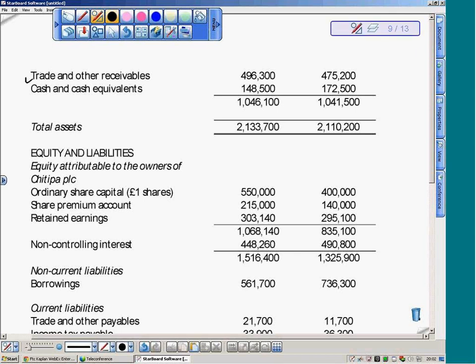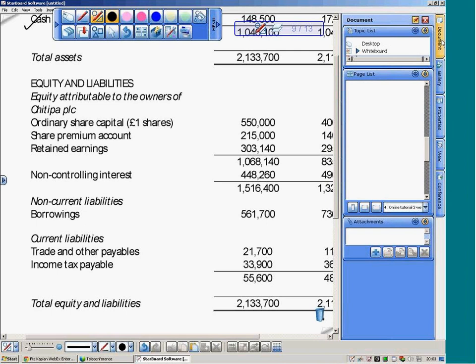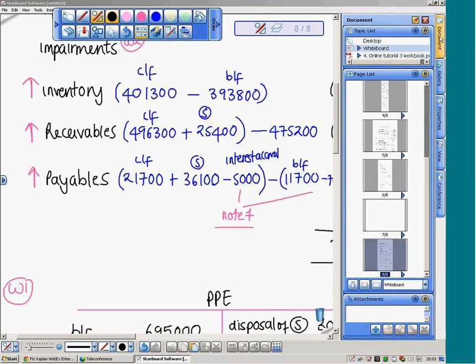Okay, what we have is trade and other receivables. We've dealt with that in our reconciliation statement. Cash and cash equivalents, we've already populated those numbers on our core pro forma. So where does that bring me? It brings me to equity and liabilities. I think about the movement in my share capital and premium, remembering that there was a bonus issue.